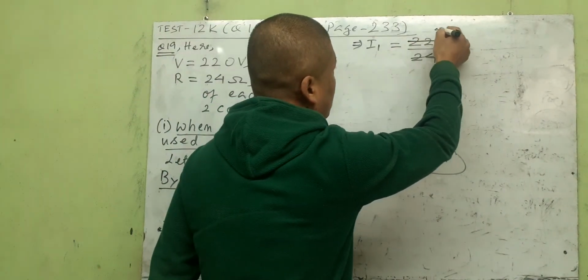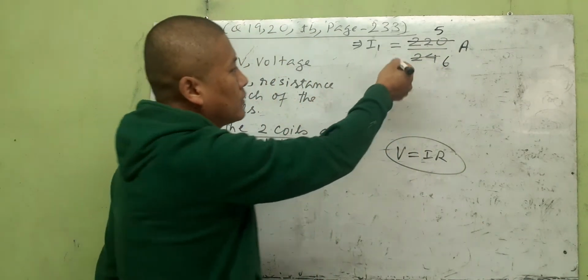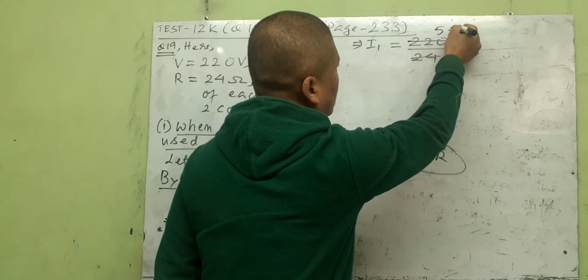Then here 4 5s are 20, but 22 is there, means remainder 2, the 2 will go in front of the 0, so 24 5s are 20.